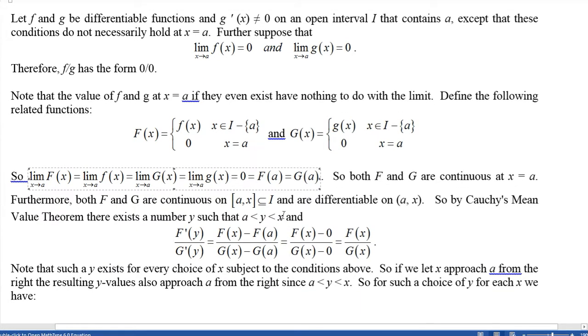Now, such a y exists no matter which x we pick. So if we let x approach a from the right, the y being between a and x must also, by the squeeze theorem, approach a from the right.